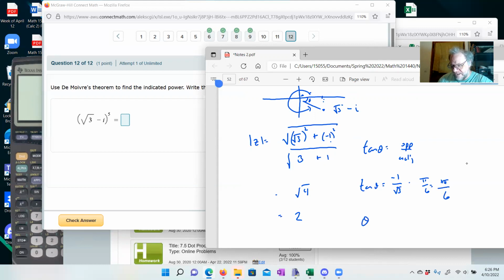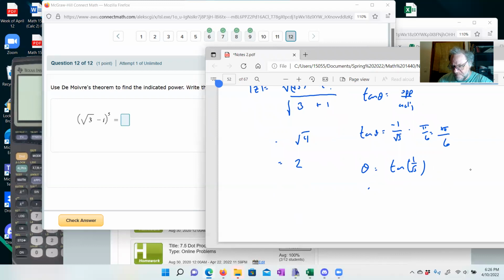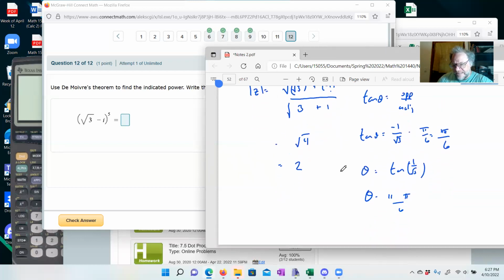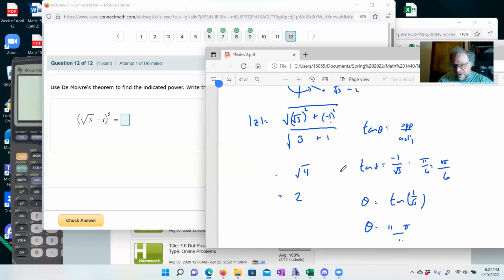Okay, so theta, the angle, is equal to the inverse tangent of 1 over the square root of 3. So the angle is equal to 11 pi over 6. Okay. So when I go to put this back in, I want to raise this thing to the 5th power.